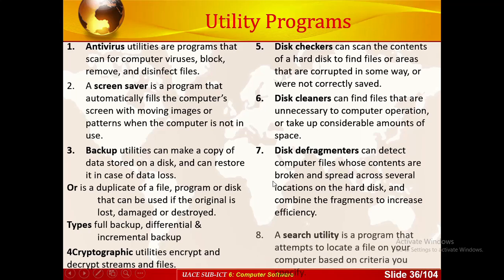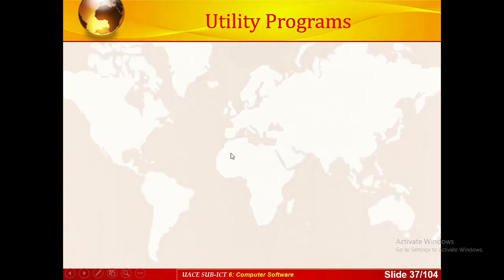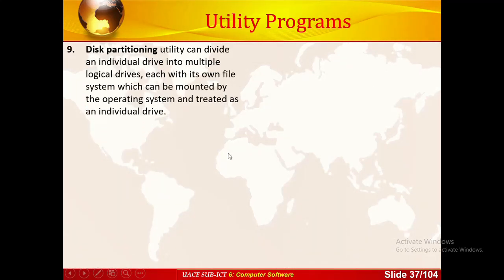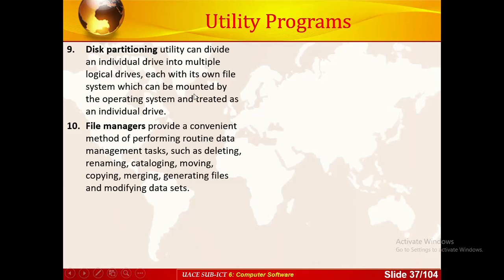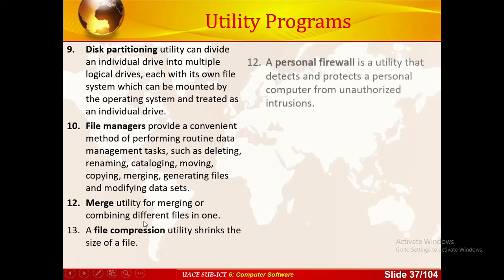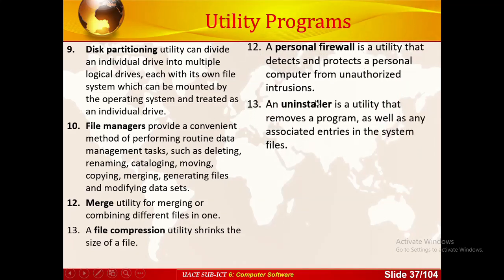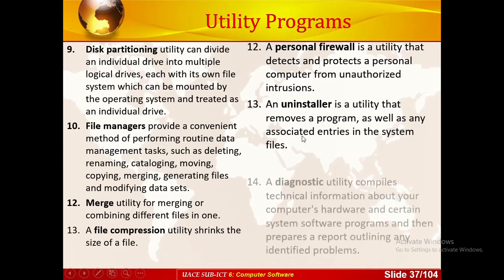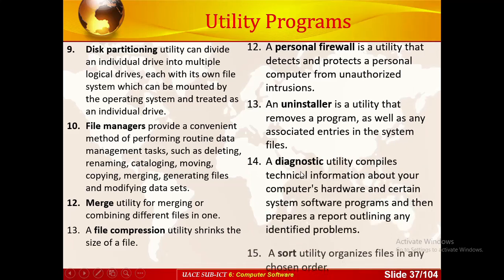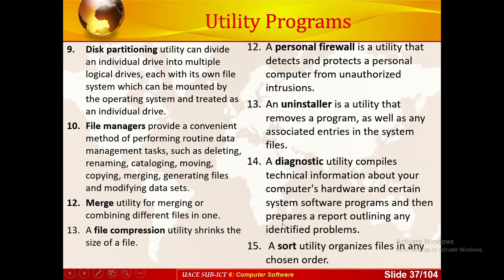Defragmenters are utilities which help to find the program you want faster. Disk partitioning, where you can shrink some of the actual drives. We have file managers, file compression utilities, personal firewalls which can protect the computer from the third world, and we have installers, the diagnostic utility and the sort utility. So these are some of the utility programs.